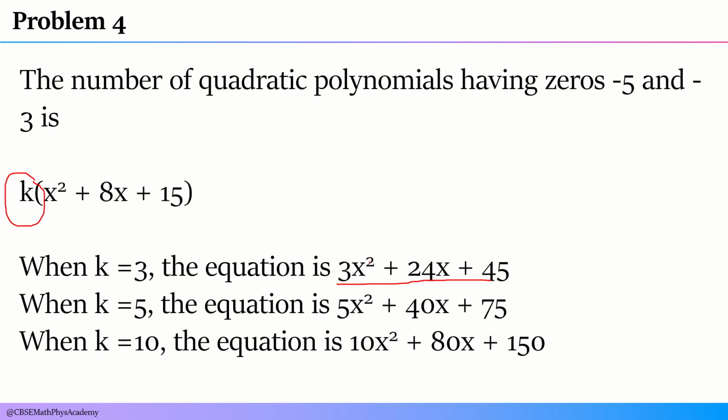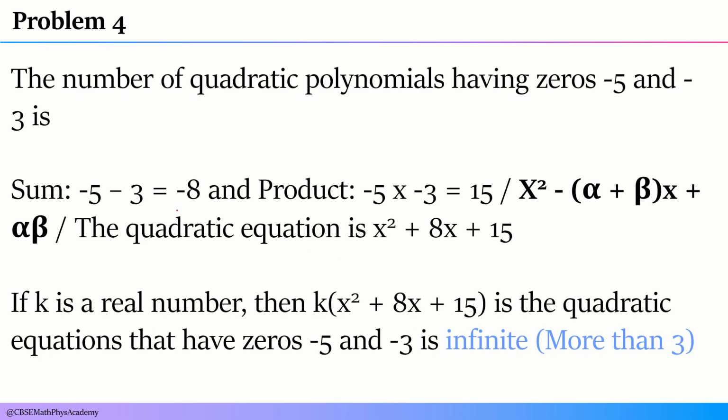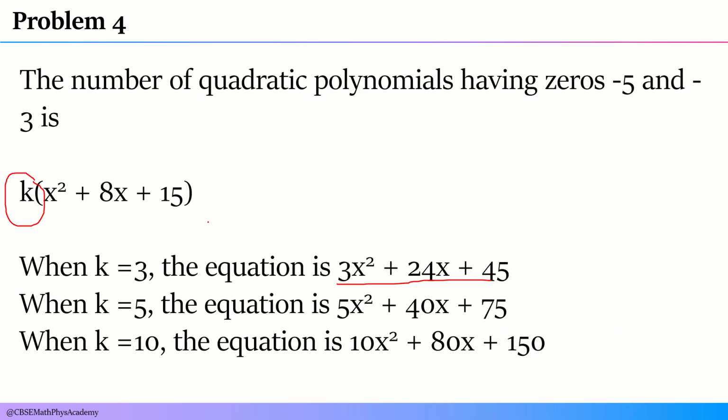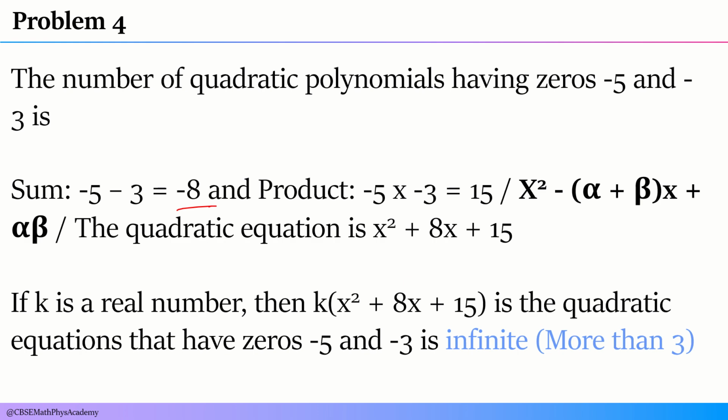Now let us find the sum of the zeros, that is minus b by a, minus 24 by 3, which is -8. The product is c by a, which is 45 by 3, which is 15. That's what you see here.